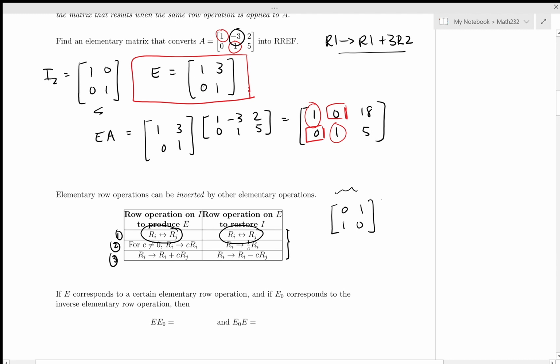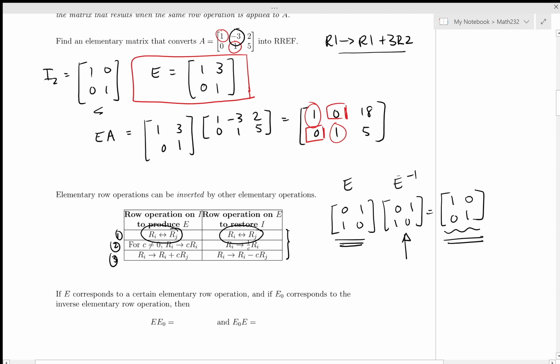So I would simply multiply this by this here, and I would see that given a matrix that switches 2 rows, if I multiply by another matrix which switches those same 2 rows, I get back to the identity matrix. That means, because this is the identity matrix, if I call this guy here E, then this one is the inverse.